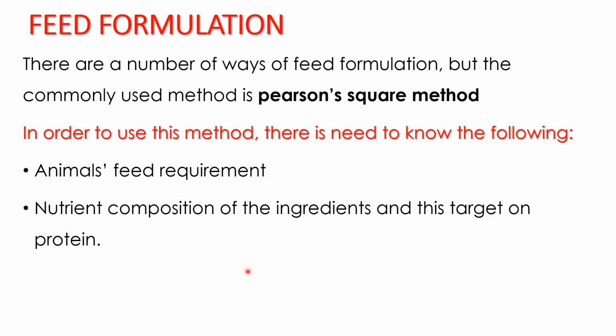To reach the target protein required by each animal, you need different types of feeds or ingredients. So for those ingredients to be mixed, we should at least know their nutrient composition.